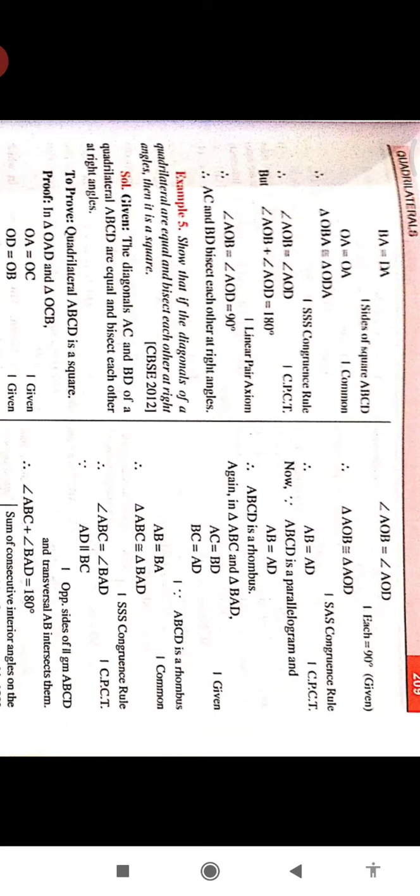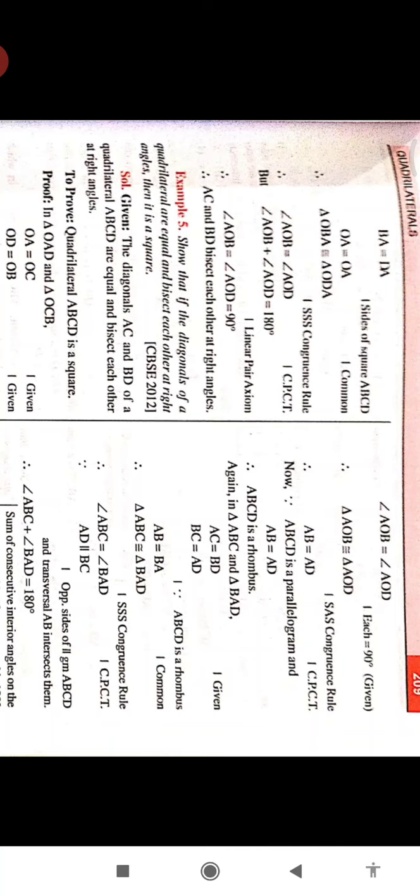Therefore, triangle AOB is congruent to triangle AOD by the SAS congruence rule. Therefore, what will we get? AB equals AD, by CPCT, corresponding parts of congruent triangles. Therefore, ABCD is a parallelogram and AB equals AD. Therefore, it is a rhombus. First we proved it is a parallelogram, and now from the parallelogram it is proved to be a rhombus. In a rhombus, all four sides are equal, but no angle need be a right angle.